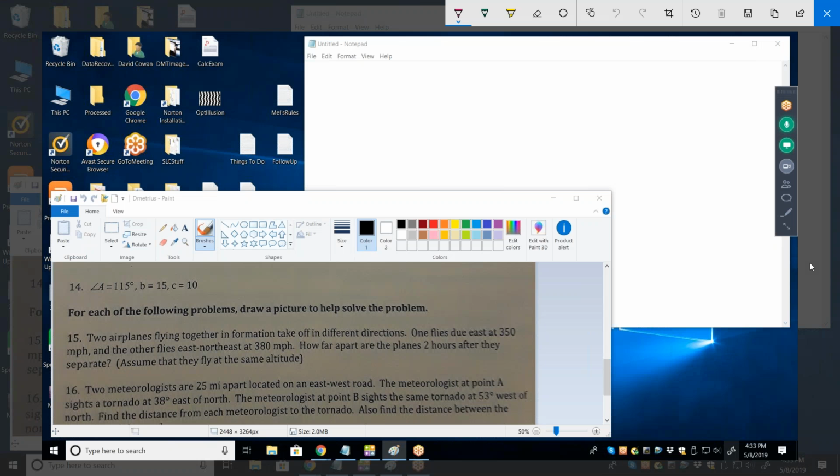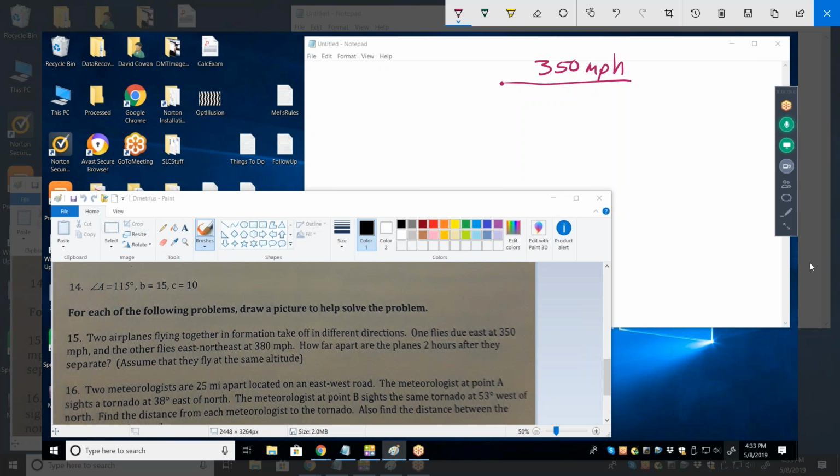Okay, so if we draw a picture, one flies due east. Which way is that? Right, left, up, or down? Right. At 350 miles per hour. The other flies east, northeast.